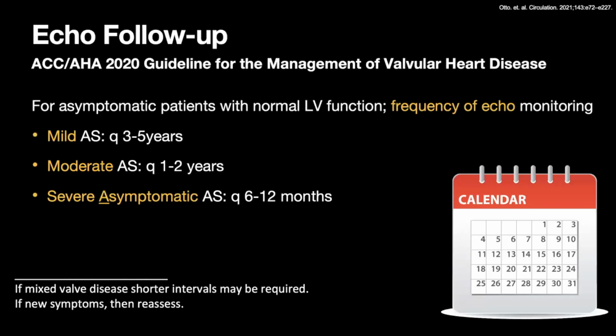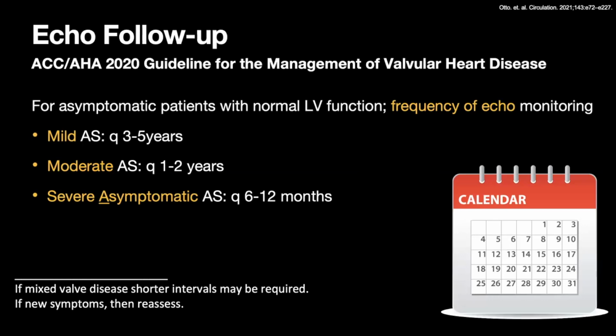So another consideration is your follow-up time. The ACC/AHA 2020 guideline for the management of valvular heart disease suggests that for asymptomatic patients with a normal LV function, the frequency of echo monitoring, and this is not clinical monitoring, this is echo monitoring, for mild aortic stenosis would be 3 to 5 years, moderate aortic stenosis 1 to 2 years, and severe asymptomatic aortic stenosis every 6 to 12 months.